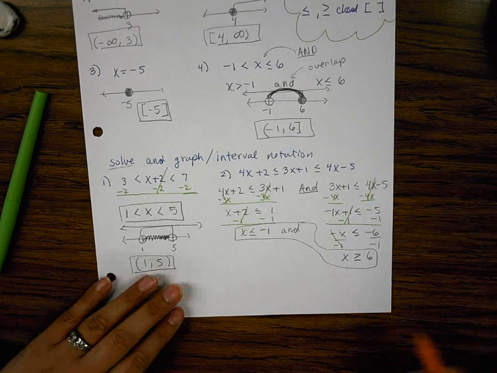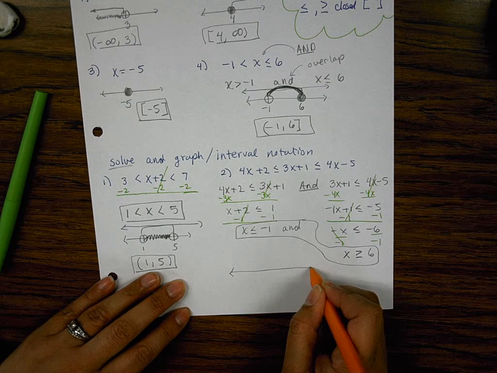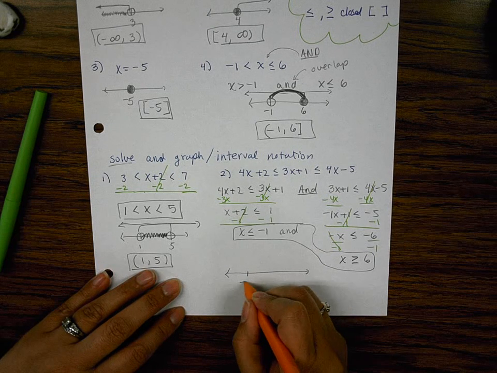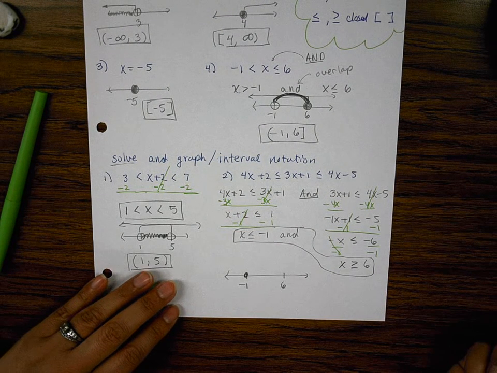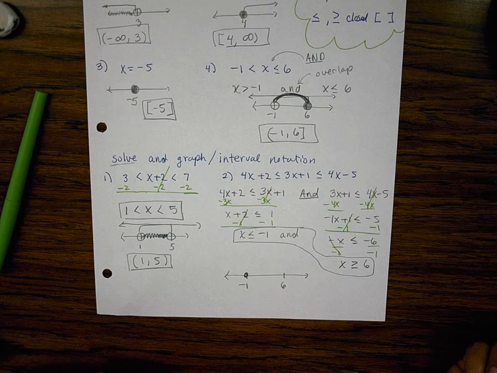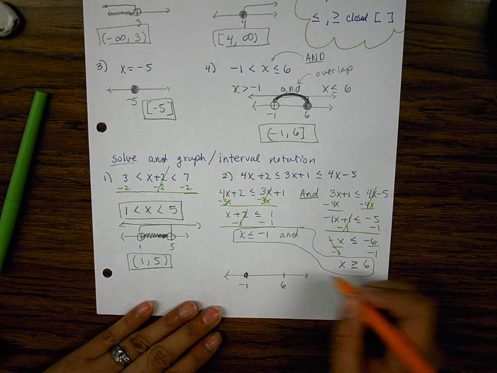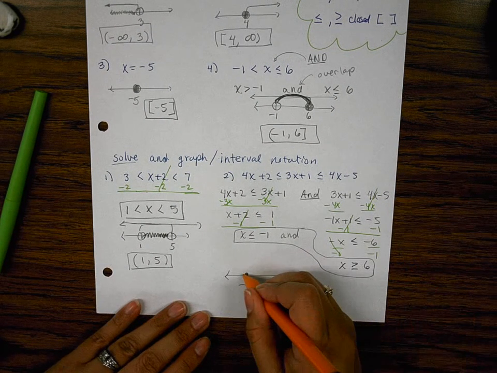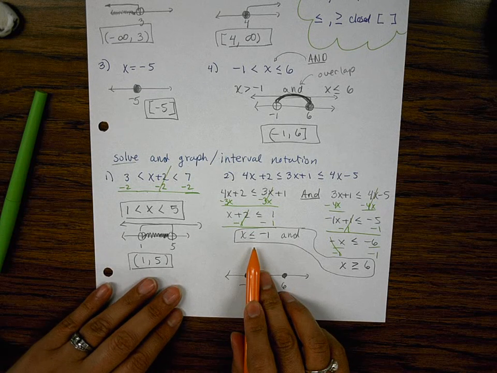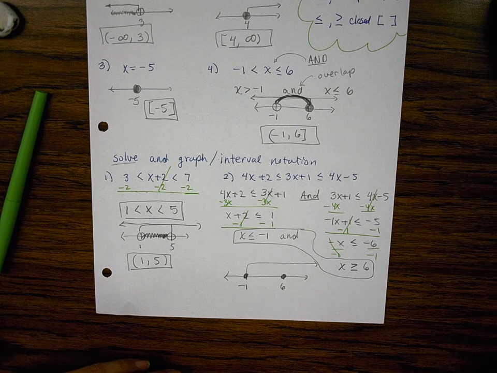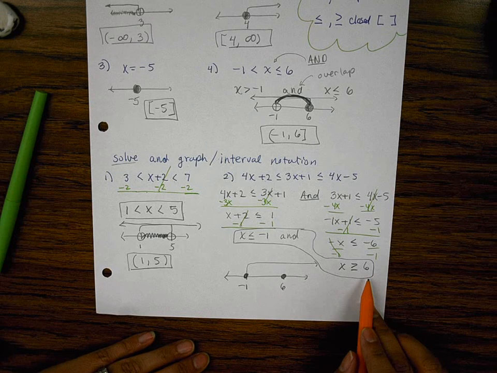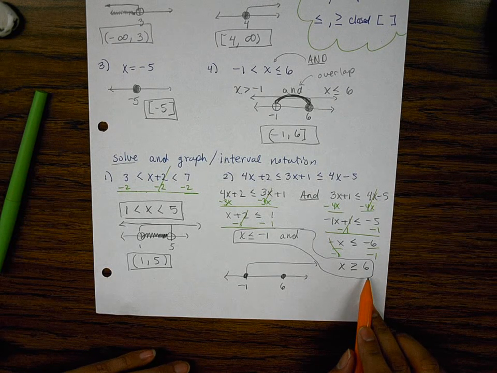All right, so when we graph, we're going to have it like this: the negative 1 here, the positive 6 there, closed on the negative 1, and it looks like it is also closed on the positive 6.